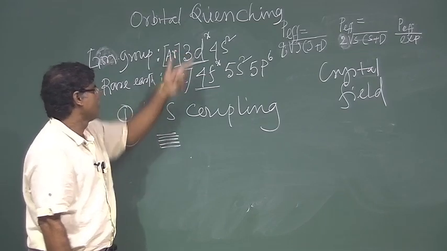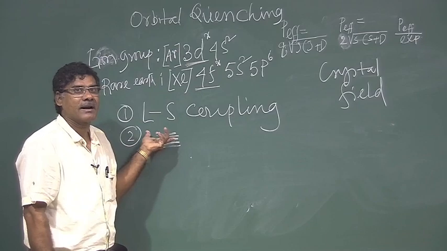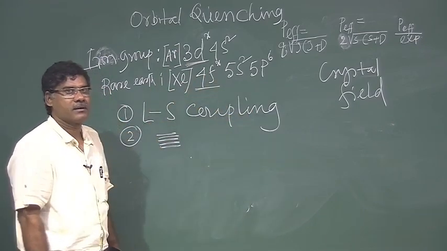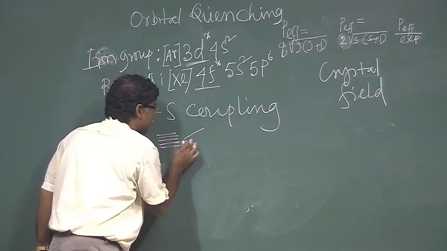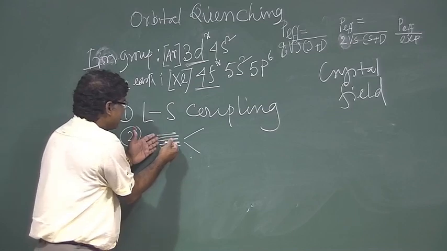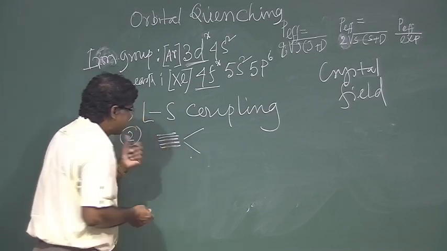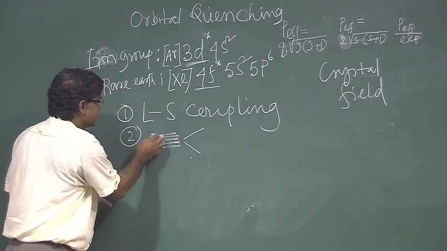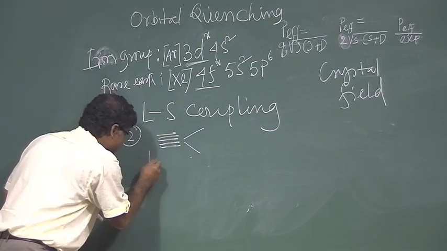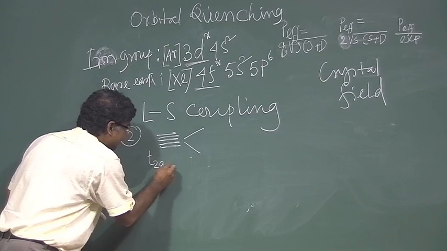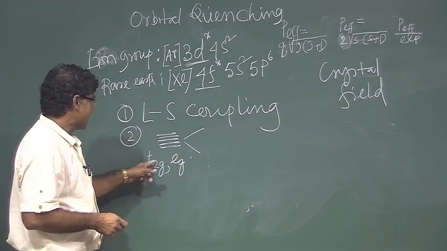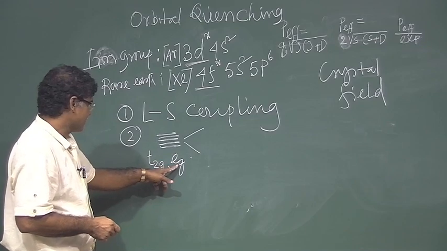If L equals 2, there are 5 ml energy levels which are degenerate, and due to this crystal field, this degeneracy is removed. Okay. So, generally here 5 levels are there in case of the d shell. So, it is written as T2g and Eg in these two groups. So, T2g and Eg, how are they defined?